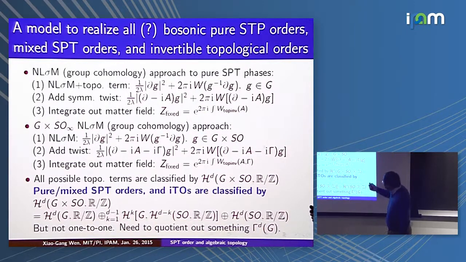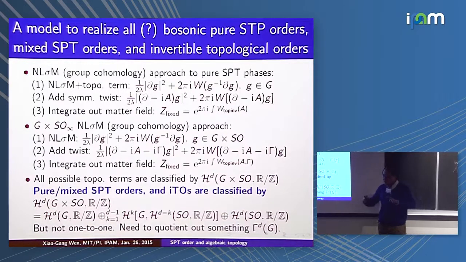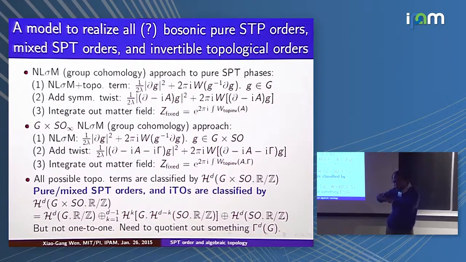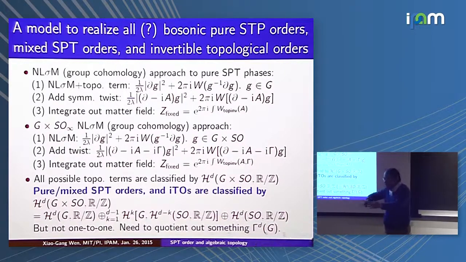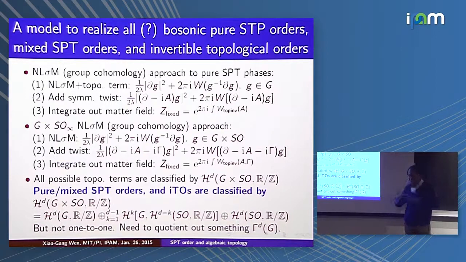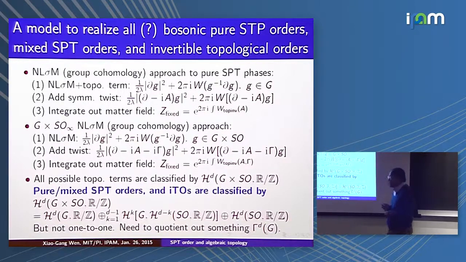The thing we can couple to the system is not a generic SON connection, but an SON connection that always comes from the tangent bundle of a manifold. The tangent bundle connection is not an arbitrary SON connection, it is a special kind. So we can only probe those topological environments using some special kind of topological SON connection. That makes certain terms indistinguishable by this special kind of SON connection. Therefore, those things cannot be distinguished and will be viewed as equivalent. So that's why you need to quotient out something.